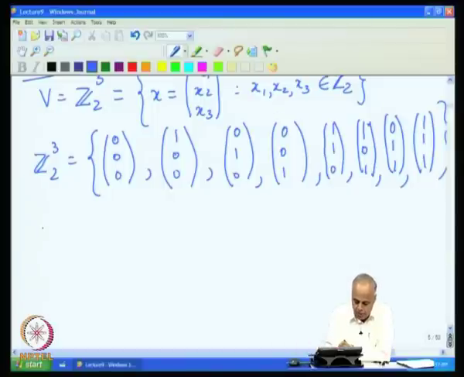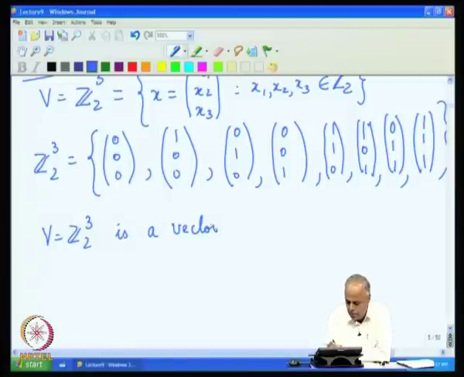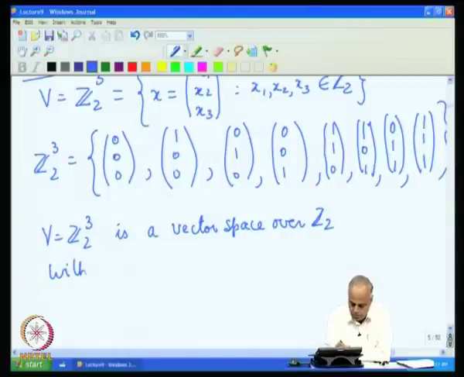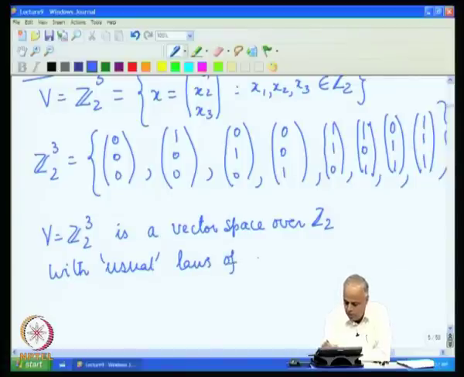So, V equal to Z 2 cubed is a vector space over Z 2, the field Z 2, with usual laws of addition and scalar multiplication.